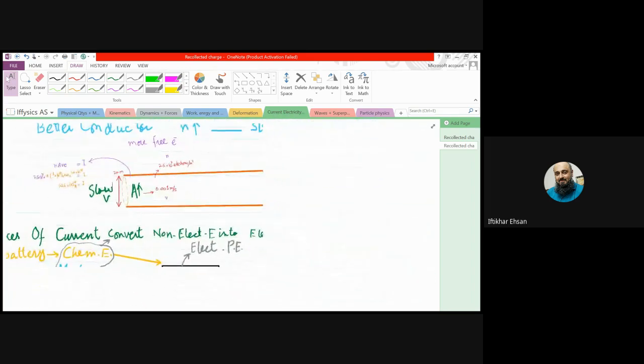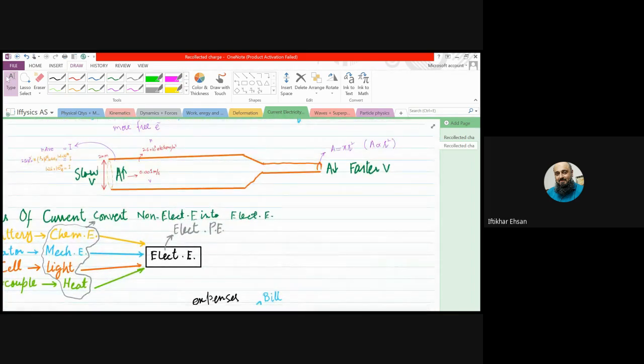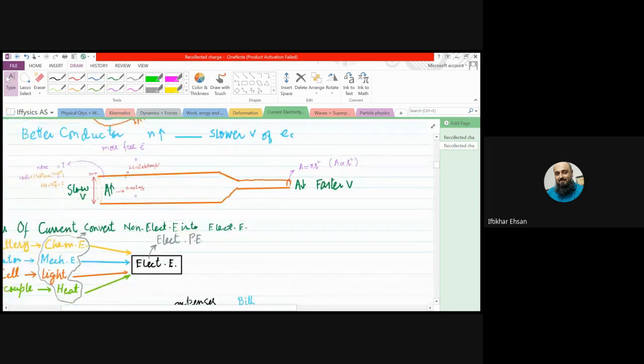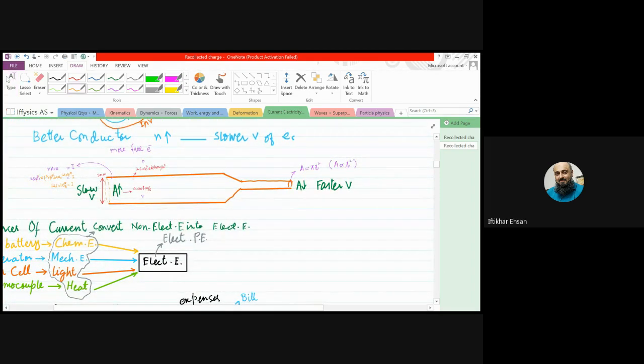Okay, let's see. If the wire goes on and we reach the other end of the container, and here the diameter is 0.5 millimeter.